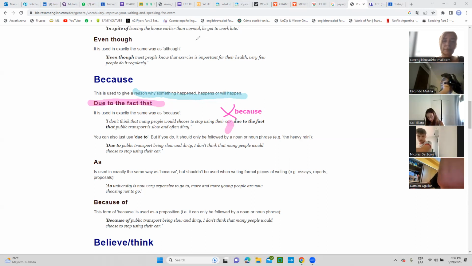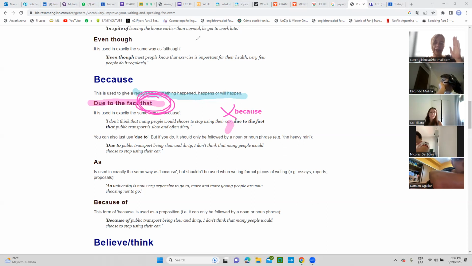Another option. So due to the fact that, whenever you have that, it means that what is going to follow is a clause. And what is a clause? A clause is a sentence. So after in spite of the fact that, despite the fact that, due to the fact that, comes a sentence. What does this mean? Subject plus verb. All right.